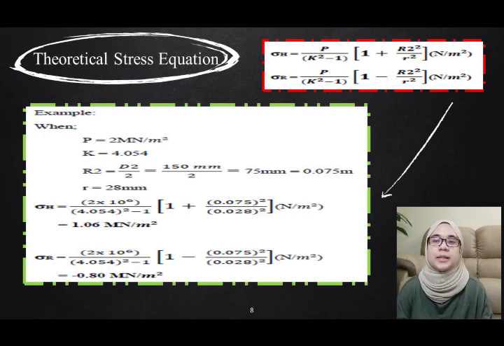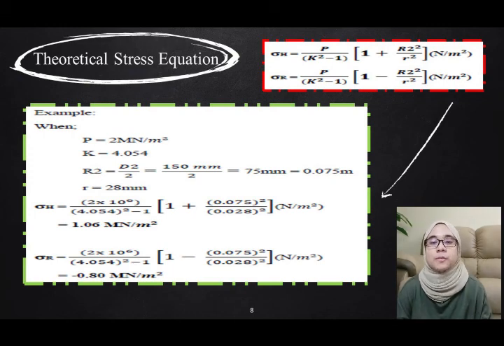And the example is when P is equal to 2 meganewton per meter square and K is equal to 4.054. The second diameter is 150 millimeter, and to get the radius we have to divide by 2, so the second radius is 0.075 meter, and the radius that we use is 38 millimeter.